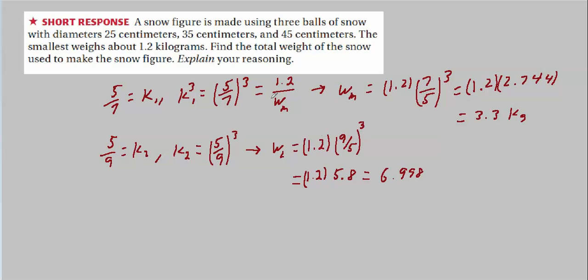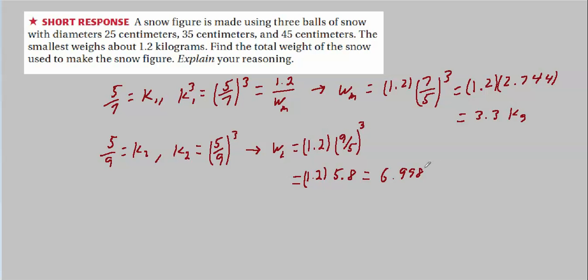We start with this equation, except that it's 5 over 9 cubed is equal to this stuff. This would be W sub L. Exactly the same algebraic rearrangement, and we get pretty much exactly the same equation with our K2. It's actually 1 over K2 cubed. That's how we rearranged it to get 6.99, which is pretty much 7, right?